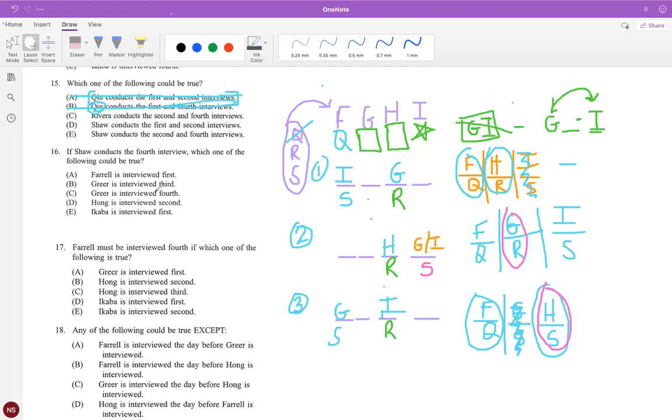And so R conducts the second and fourth interview. It could be true. Okay, so in what world could that happen? That R is in the second and fourth.